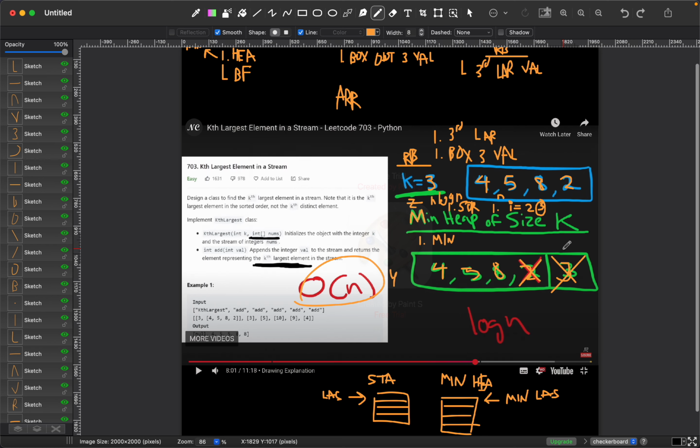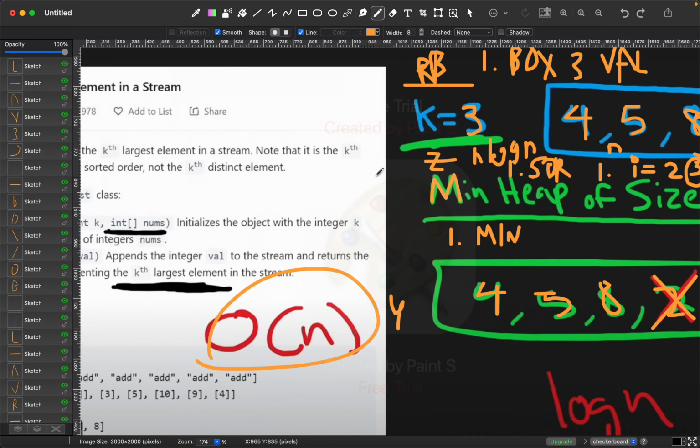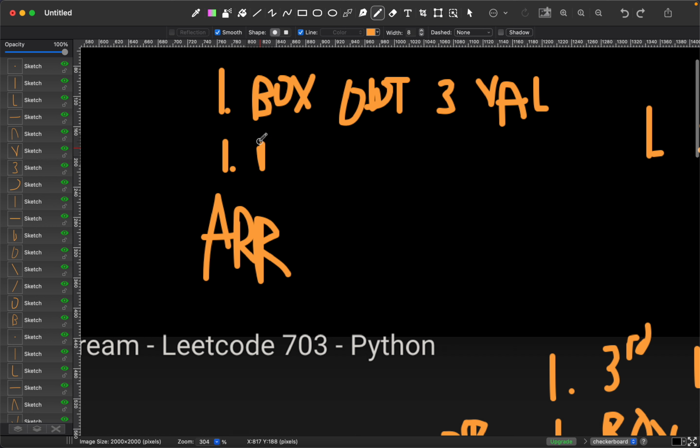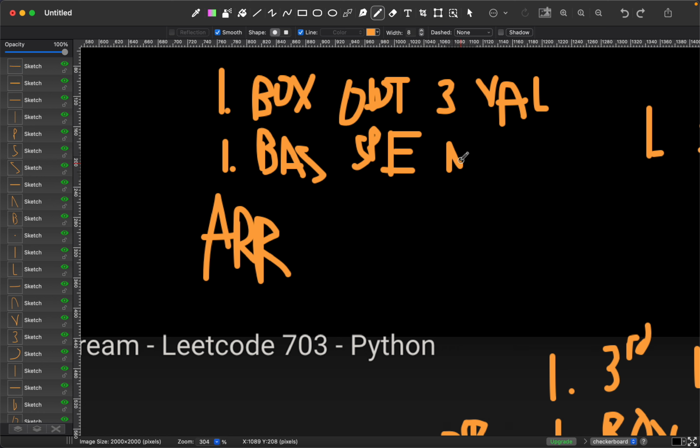We are thrown this bunch of numbers, and then we just box it out into 3 items, and then we make sure the top guy is the guy that the system wants. That's what we've been doing so far, and it really comes down to the basic spell of the min heap.